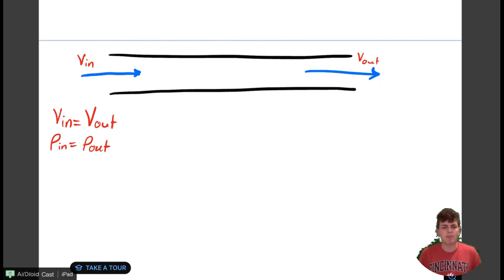We want to have a drop of 900,000 pascals in this tank here. So let's say we are going from, I don't know, 10 to the 6th pascals all the way down to 10 to the 6th minus 10 to the 4th. Let's see, 10 to the 6th.